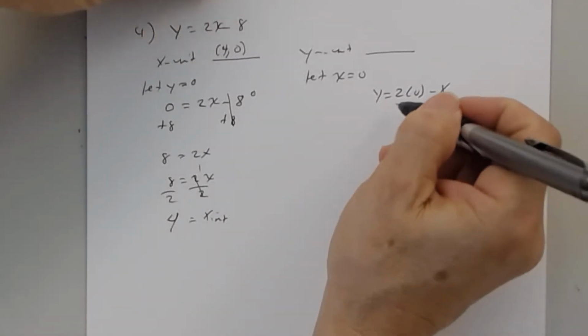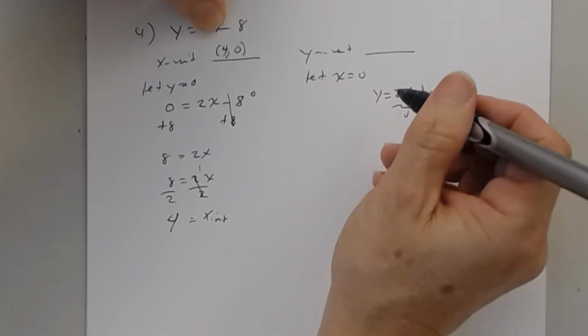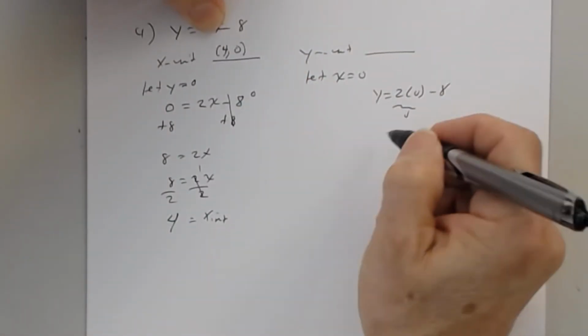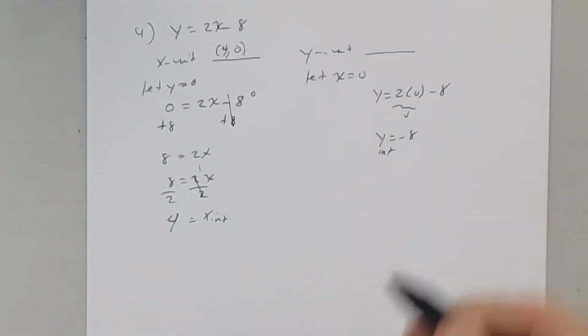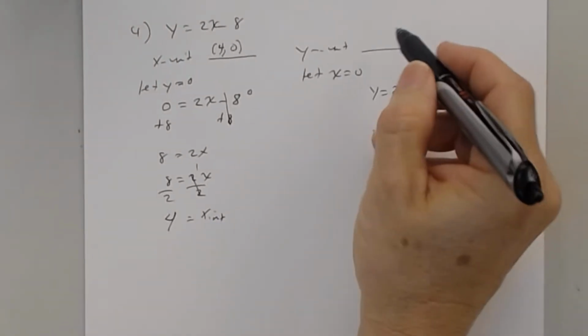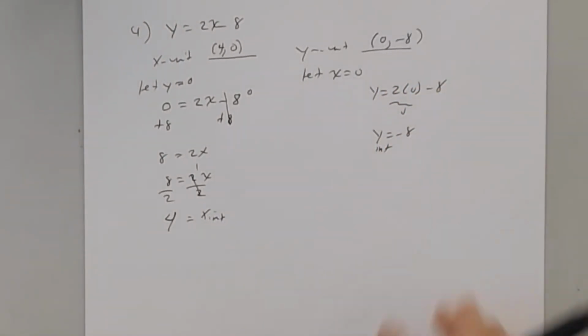You already knew that term was going to be 0, so it goes away. When you cover it up, all that's left is y equals negative 8. So the graph crosses the y-axis at negative 8. As an ordered pair, it's 0 comma negative 8.